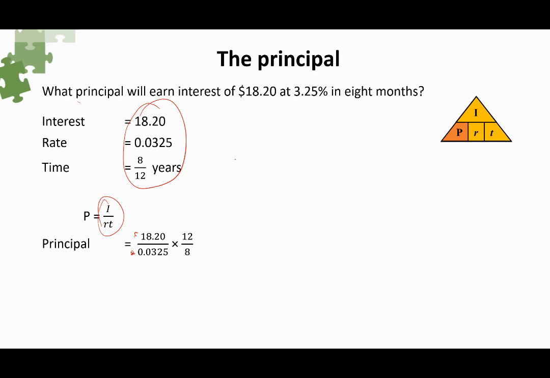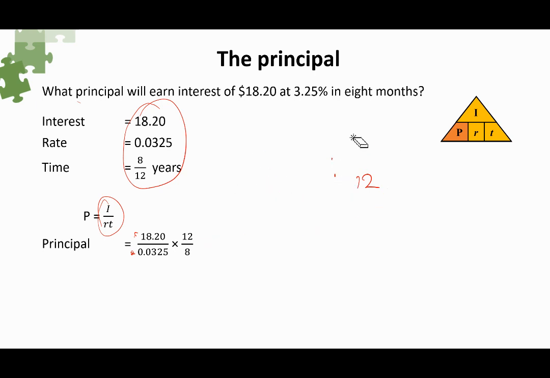So if I am multiplying by 8 over 12, you do it this way. And if you have to divide by 8 over 12, instead of doing this, you just put it upside down and do multiplying like that.